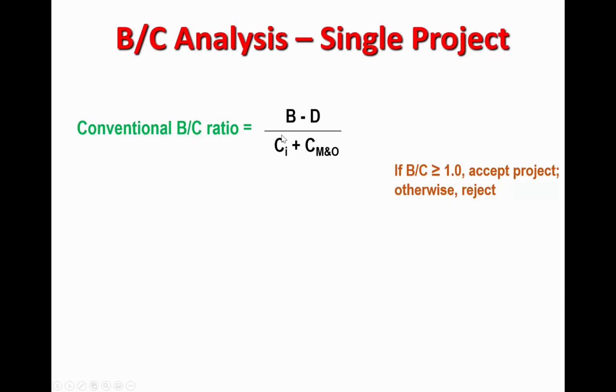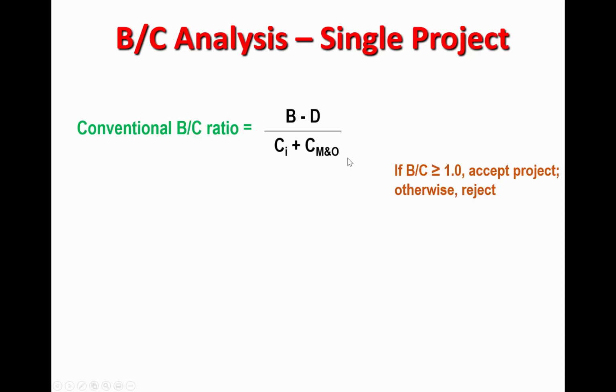And remember, the initial cost would be at time 0 in a given problem statement. But in a usual problem statement, the maintenance and operation would be an ongoing annual. So to add those two together, everything has to be at the same time. So the benefits which accrue over a long time period should be taken to the present. The disbenefits, take them to the present. Everything needs to be in the same time frame for us to do this equation.